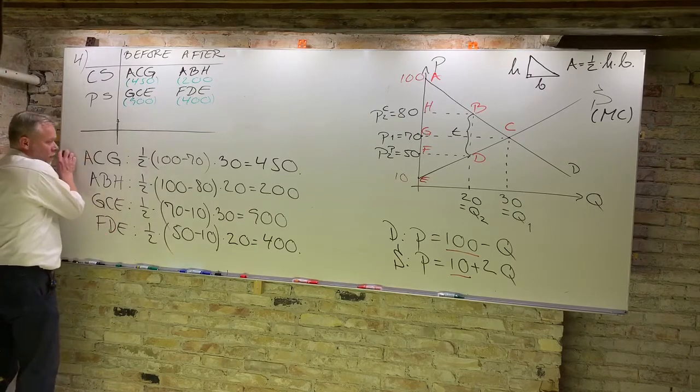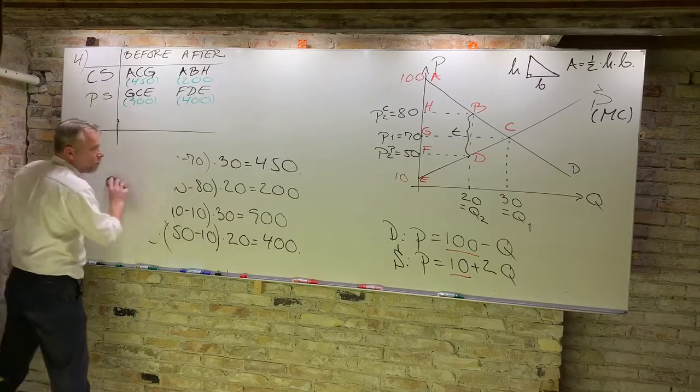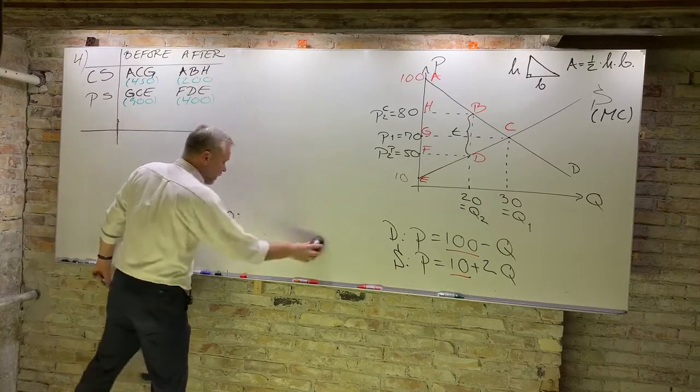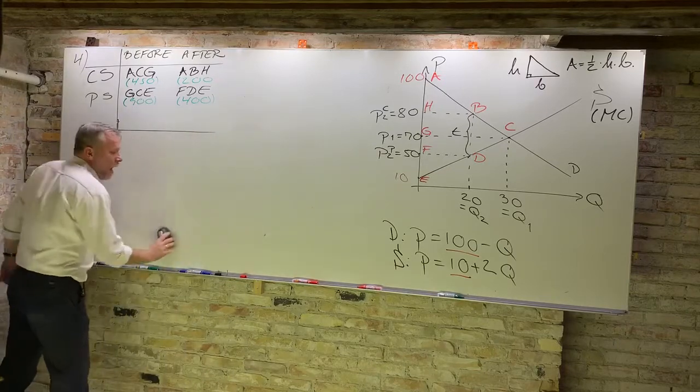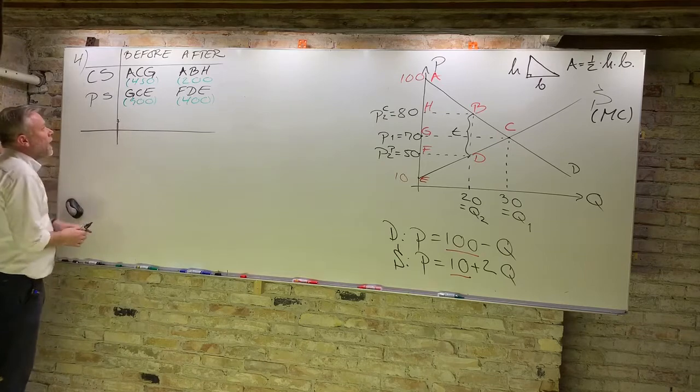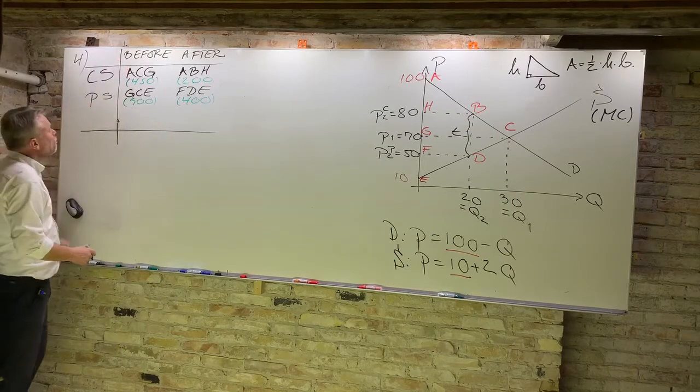Now, what's that all about? The answer is that it's about, first of all, wiping this out. We've done the calculations. And it's about filling out a bit more of this table.